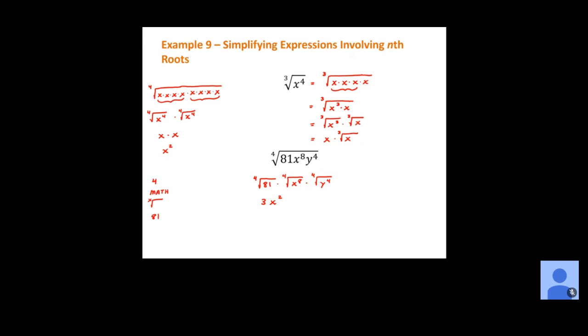All right, and then the last piece of this one, we have a fourth root of y to the fourth. Again, that should just give us a y. Now with this one, we have to be careful because it is an even index. On the first one with an odd index, we didn't have to worry about it. But remember, one of those properties said that if we take an even index here, we have to remember that this is an absolute value.